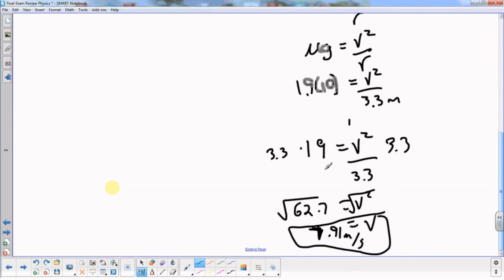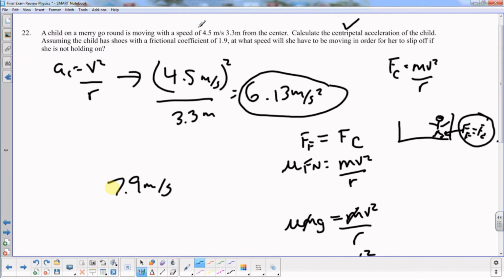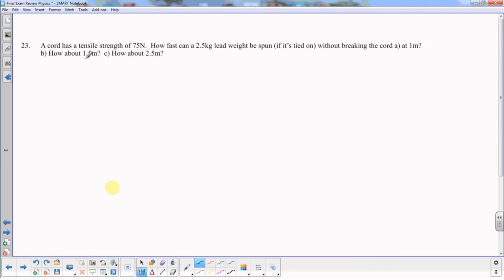All right, and we've done a bunch of these, and I hope that you still have notes on them. You should probably look at them. But this is how you attack that kind of a problem. You simply set F_f equal to F_c. So one part you are solving using my speed, my velocity. The second part, you're creating your own velocity.